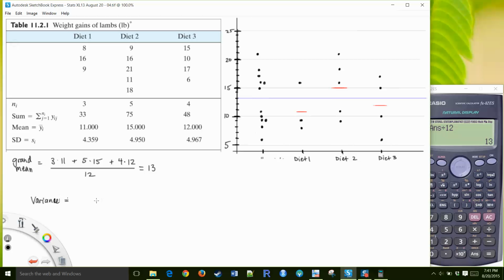Then we square that distance, or deviation from the mean, and then we average them. We add them up and divide by n minus 1, rather than n. I'm going to write that up here: the sum of each y minus y bar squared.